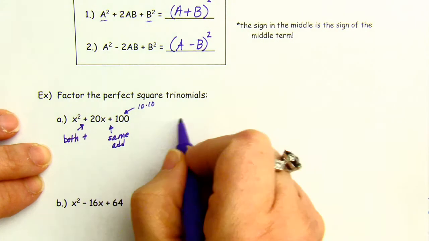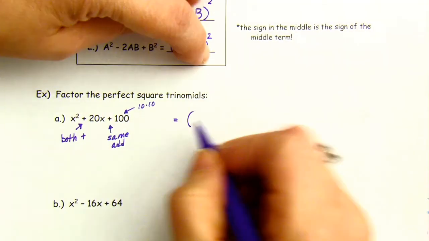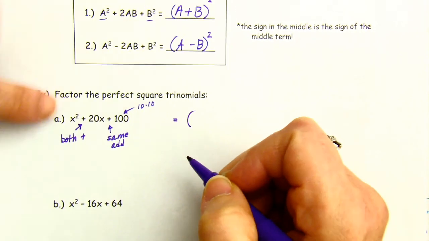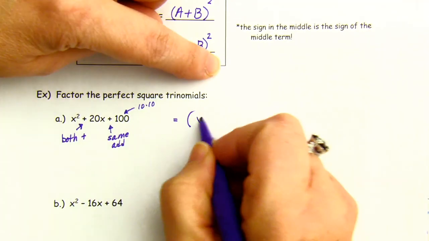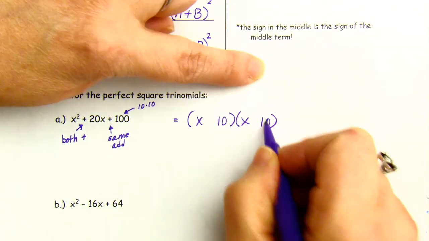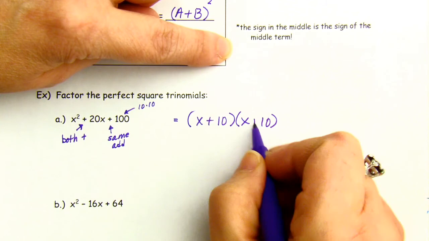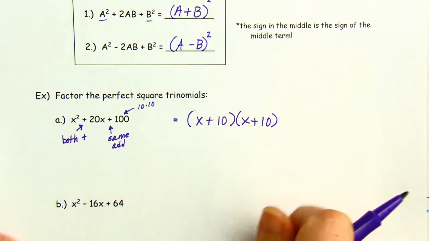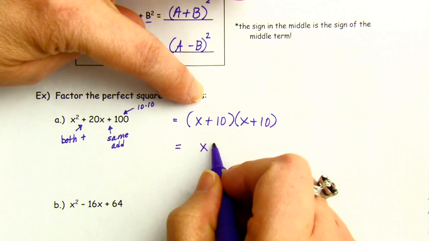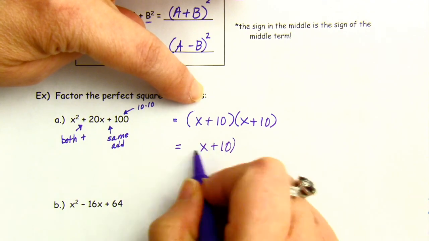All right, so I'm going to set up. Well, we already said 10 times 10, and this is a 1, so that's going to be 1x, 10, 10, signs are the same, they're both plus. Now notice, we have two that are exactly the same, and so you must write it as a single binomial squared.